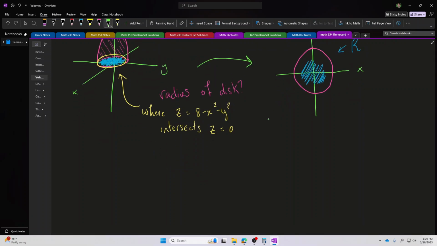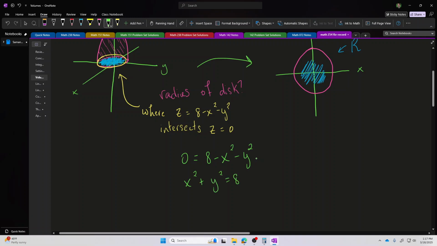So to figure out where two equations intersect, all you have to do is set those two z's equal to each other. And I get z equals 0 equaling z equals 8 minus x squared minus y squared, which I can then rearrange to get x squared plus y squared equals 8, which I can recognize is the equation of a circle, specifically this circle that is formed when the paraboloid intersects the xy plane.